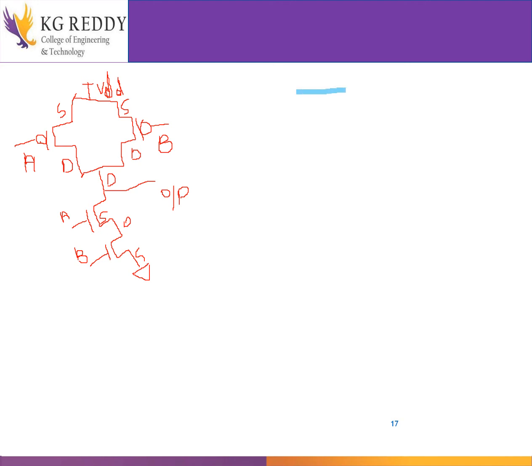First I'm drawing the metals using blue color, and then to show PMOS I'm drawing the P diffusion, and to show the NMOS transistor, the N diffusion. Okay, so now the N diffusion, P diffusion, and the metals are done.